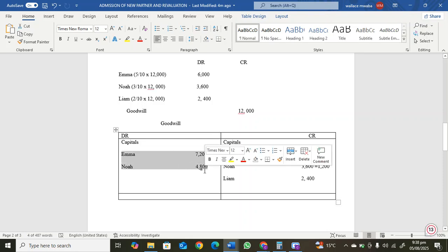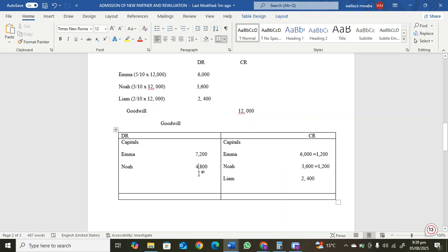But since we are writing it off, we're saying, how much is each partner getting with the new ratios? And when you find out how much each partner is getting with the new ratios, you find out how much they've lost, which needs to be compensated. Any questions?